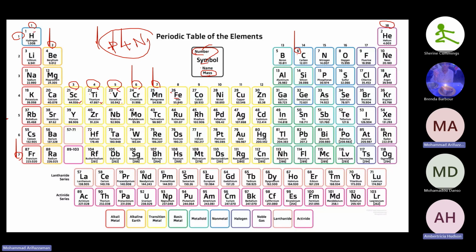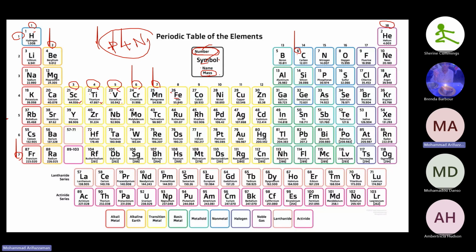For example, H is the symbol, and the name is hydrogen. So you have to read the periodic table. You have to read the number, that is the atomic number, and the number with the decimal, that is the mass number. And then you have to know the symbol and the name.